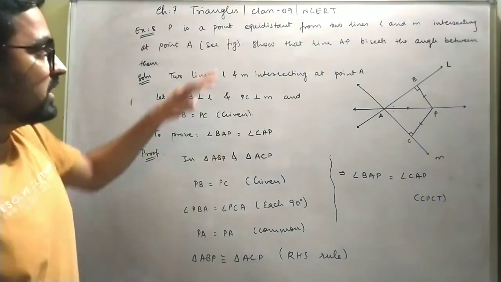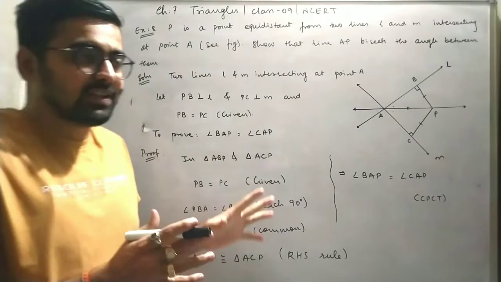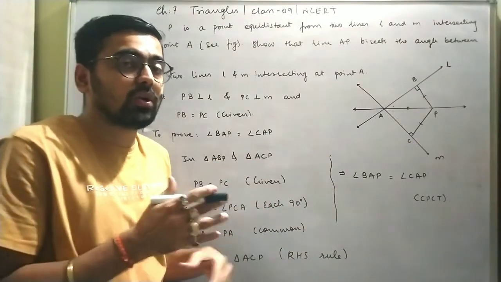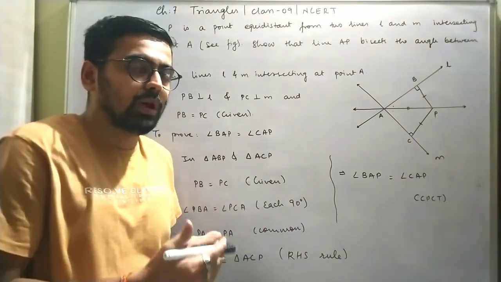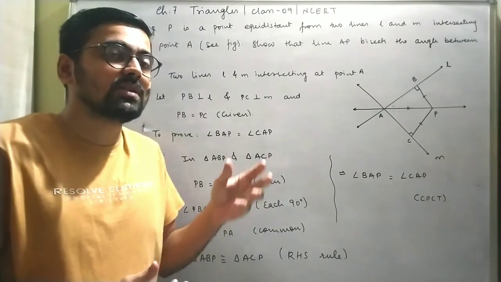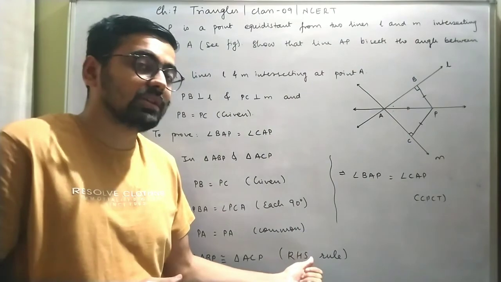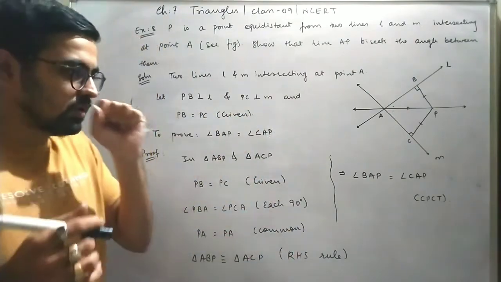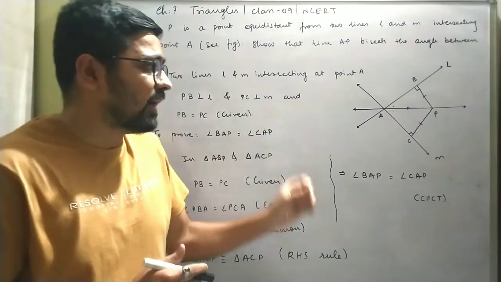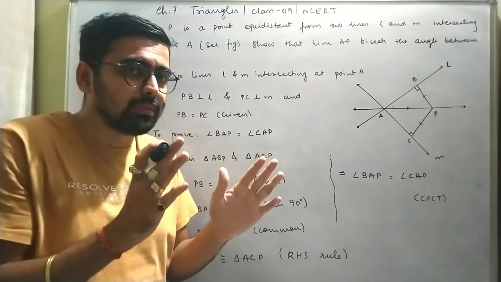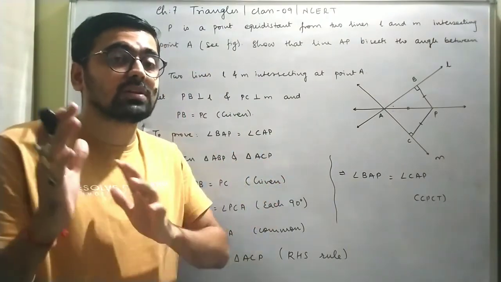Are you getting it? This particular question's intention is to make you understand how we solve a problem having the congruence criteria RHS: right angle, hypotenuse, side. I told you, whenever you have a right angle, always keep in mind that it may be done by RHS.